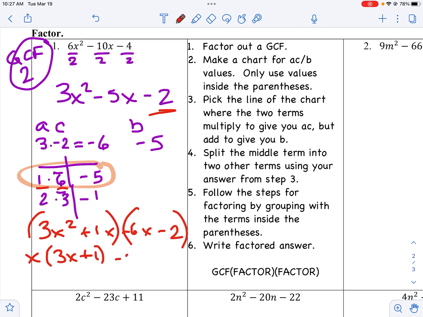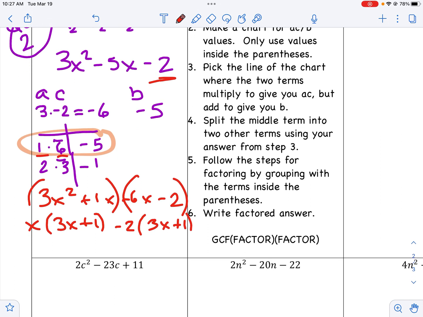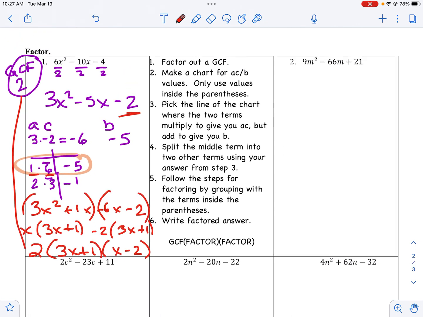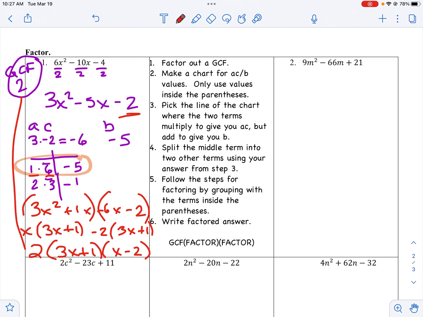What does the next set have in common? They have a negative 2 in common, so that makes 3x plus 1. So my final answer is the 2 from up above, the parenthesis that they have in common, and then the leftovers. And again, I have literally just written that out step-by-step in instructions for this middle section so that you would know what I'm asking as I go through it.